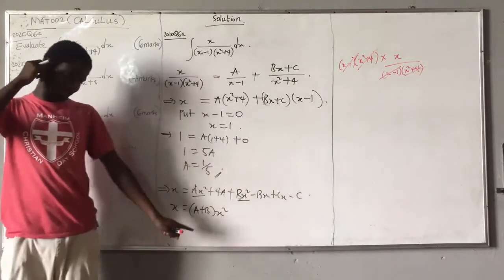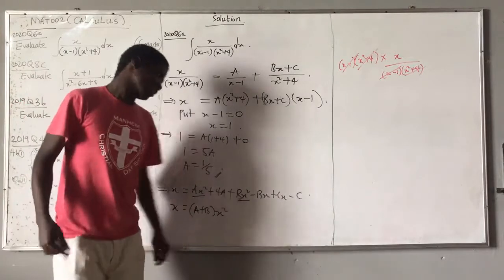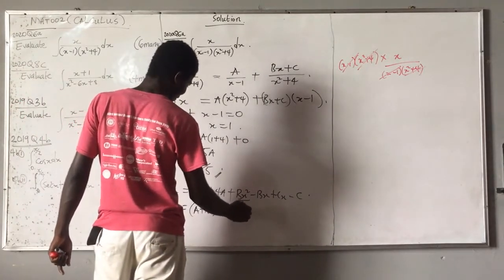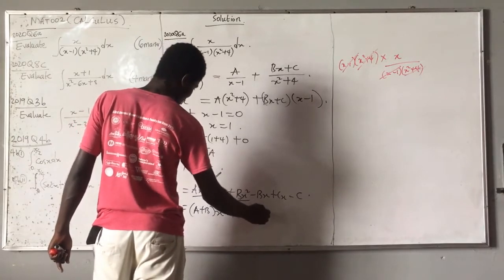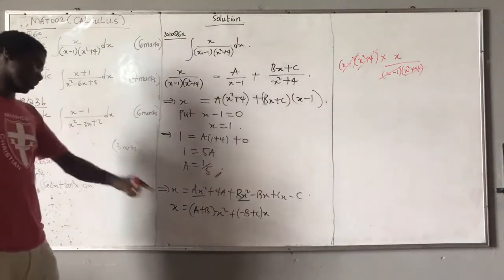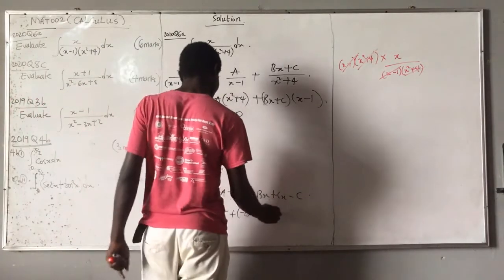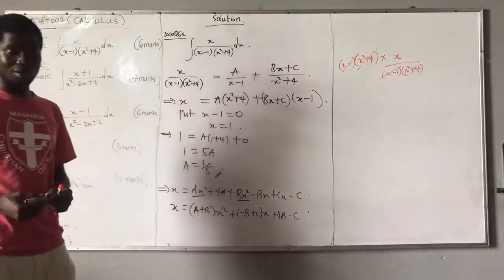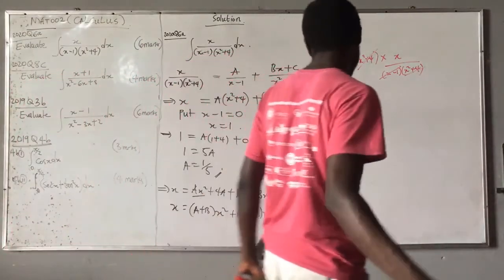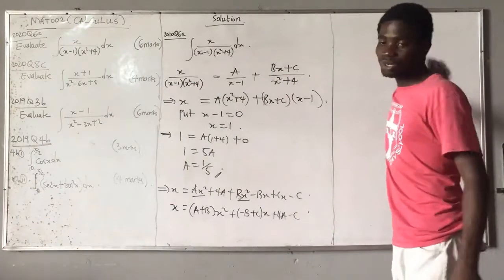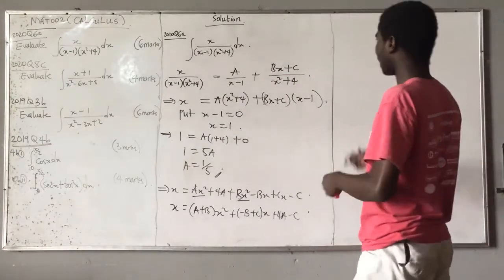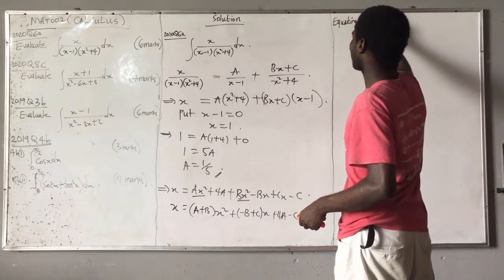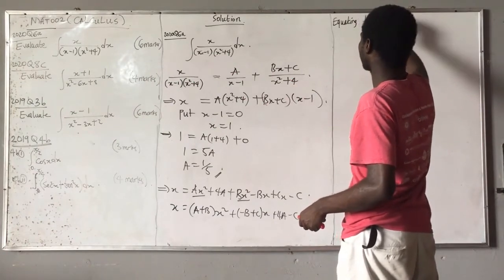Do you understand? That's what I'm doing. This one is having s and s, factorize them. I have minus b plus c, times s. Then the constant is 4a minus c. That's what I'm going to have. So equating the coefficients is the next thing I'm going to talk about. Equating the coefficients.